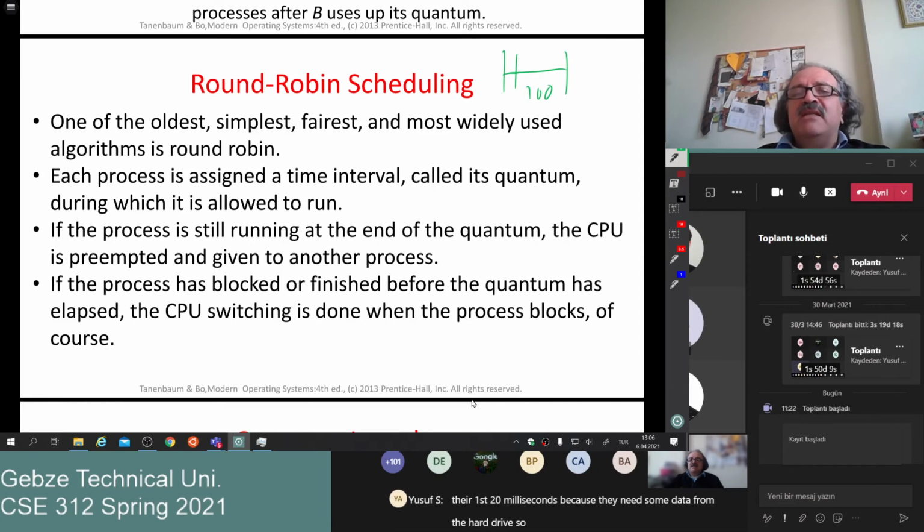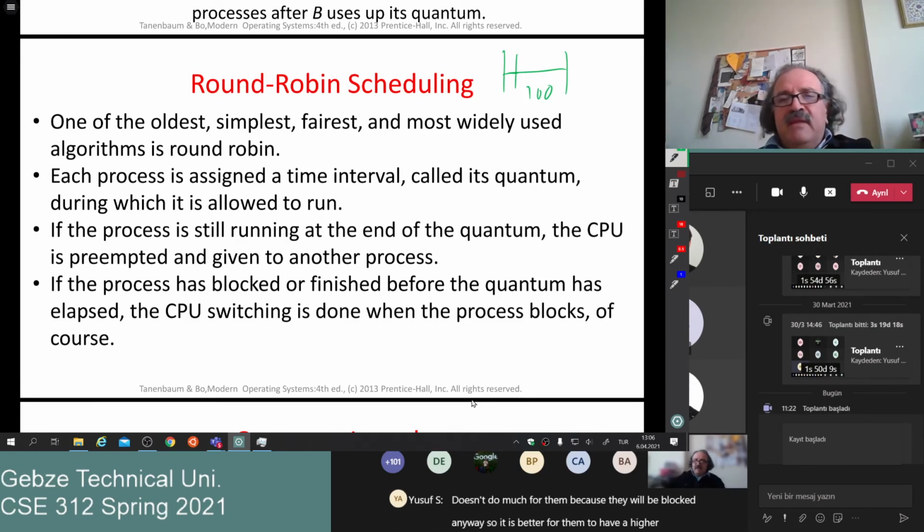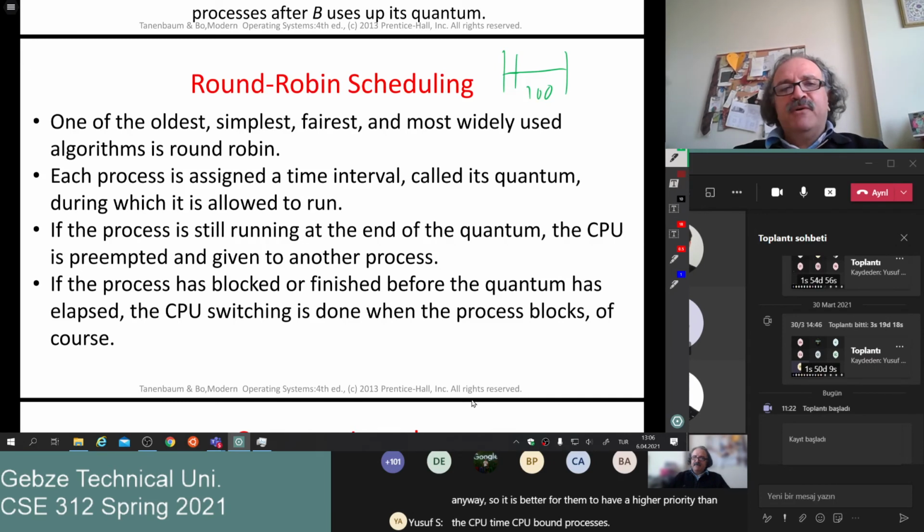So increasing their quantum time doesn't do much for them because they will be blocked anyway. So it is better for them to have a higher priority than the CPU bound processes.